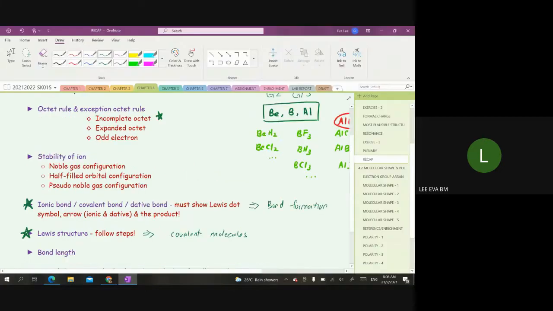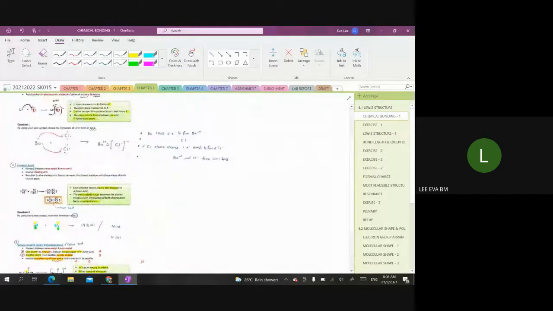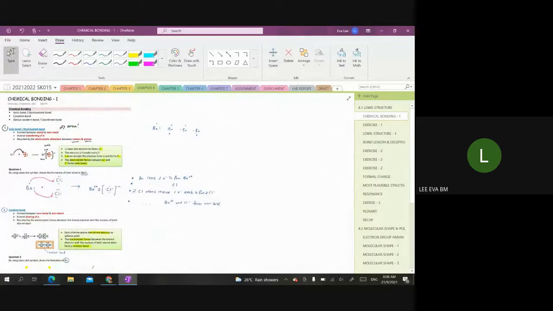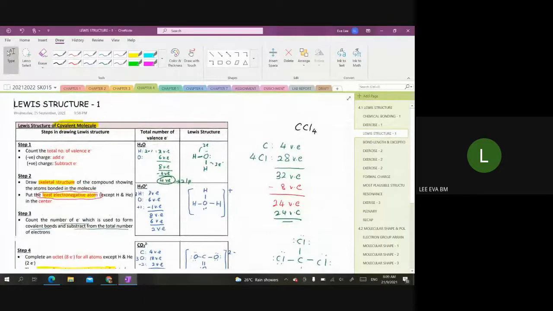If we go back to the page that we did previously, on chemical bonding, this page is bond formation, showing how the bonds are formed for ionic bond, covalent bond, and dative covalent bond. But when we talk about the Lewis structure, remember that it is for covalent compounds, whereby you need to follow the steps: step 1, 2, 3, and 4 if you want to use the shortcut, and then step 5 if necessary.